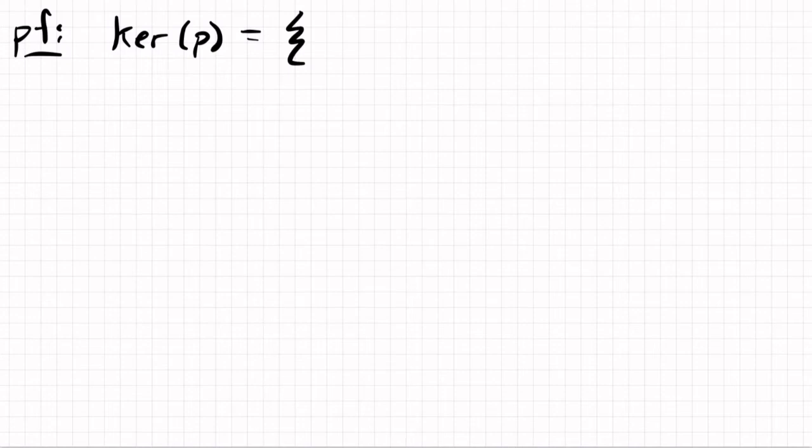So let's think about what the kernel is. What's the kernel of P? That's the set of A in G such that P of A equals 1.